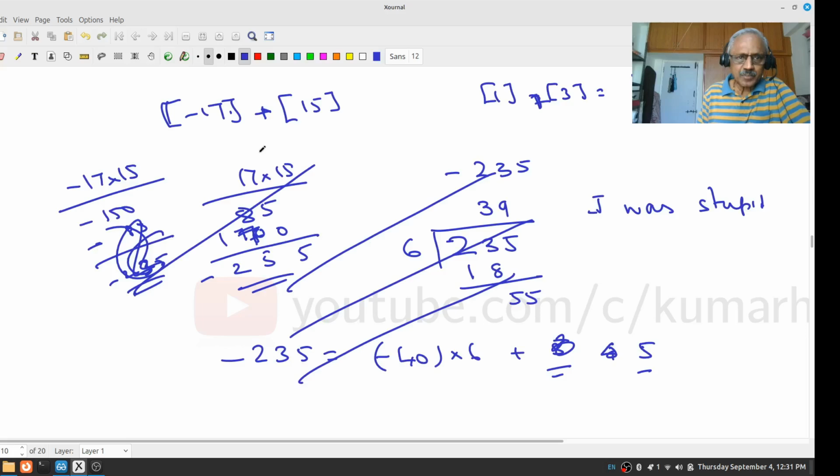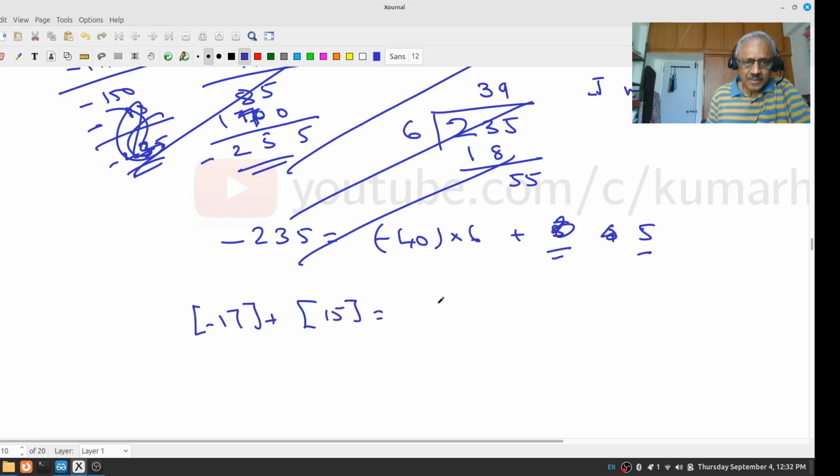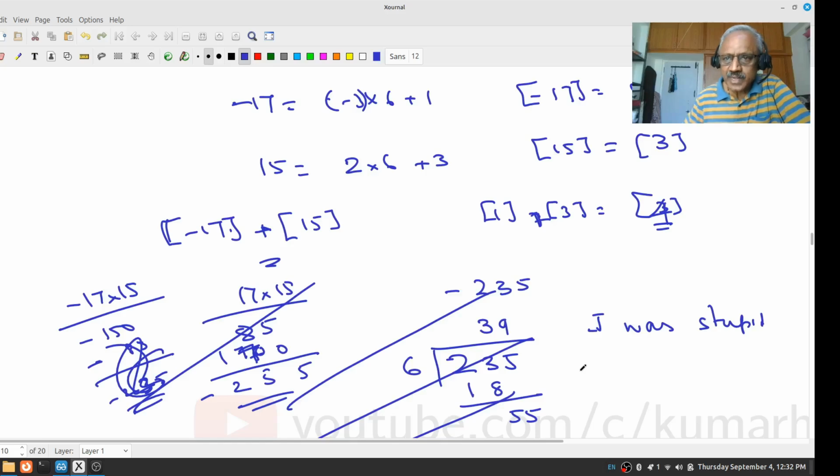See, I was supposed to add. You remember that? I was multiplying. That's the main problem. Therefore, minus 17 plus 15 will be equal to minus 2. But what is minus 2? Minus 2 is minus 1 times 6 plus 4. Therefore, we get both the answers correct.